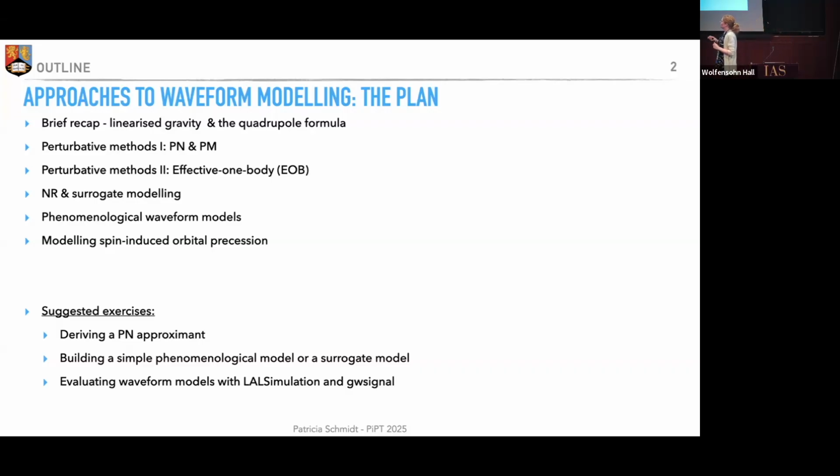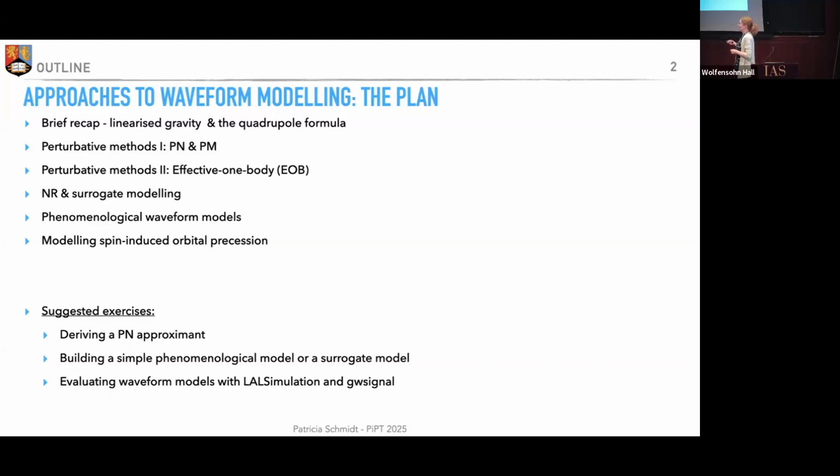But you could delve into deriving a PN approximant. By that I don't mean carry out crazy high-order PN calculations, but actually somebody gives you a flux, our PN friends give us flux and energy, and we can compute for the energy balance equation the actual phasing of the waveform. And you can do this in different ways, as we'll see later on today. So this is a good thing, which you could try hands-on.